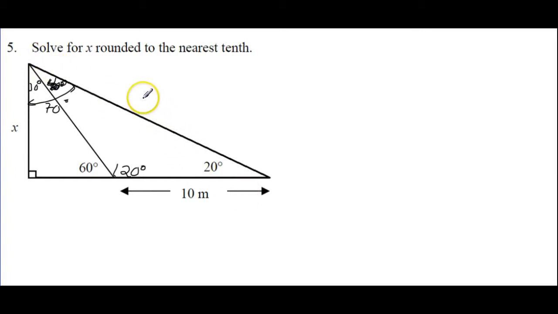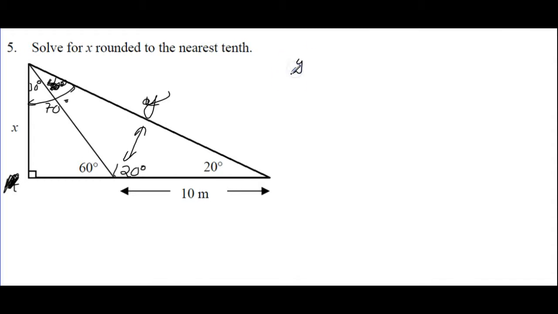What shall we call it? Actually, it's going to be this angle here. Let's not label. All right, here. Let's just call that y. So here's what we're going to do, right?